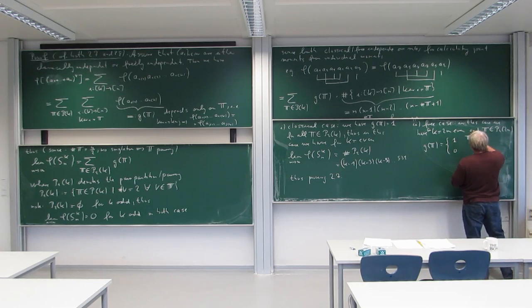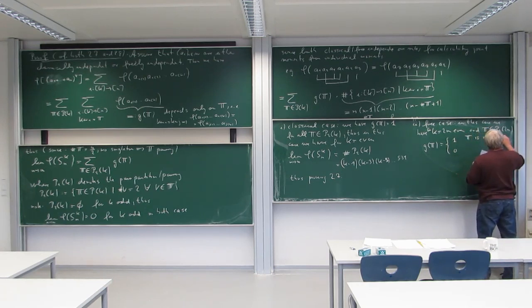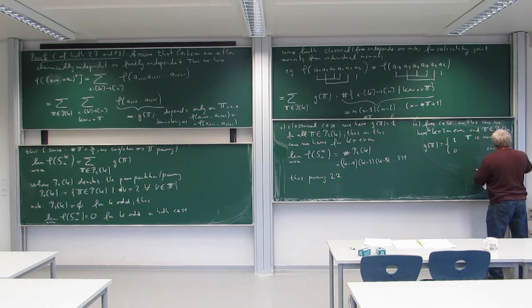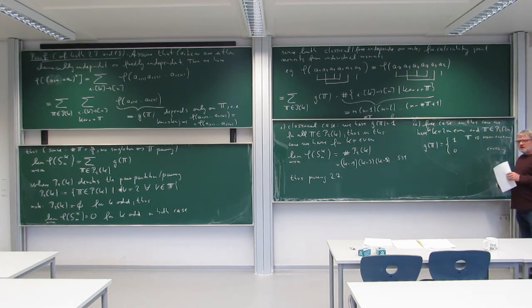So it is 1 if pi is non-crossing, and it is 0 if pi is crossing.